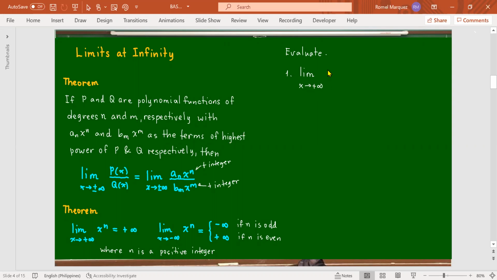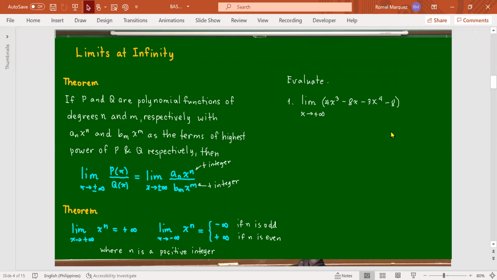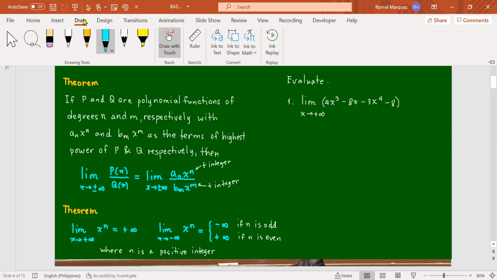The limit as x approaches positive infinity of 4x cubed minus 8x plus 3 minus 3x to the fourth minus 8. By the way, I think I need to give you another one. Who did you call, Iho? Ken Cheng po.